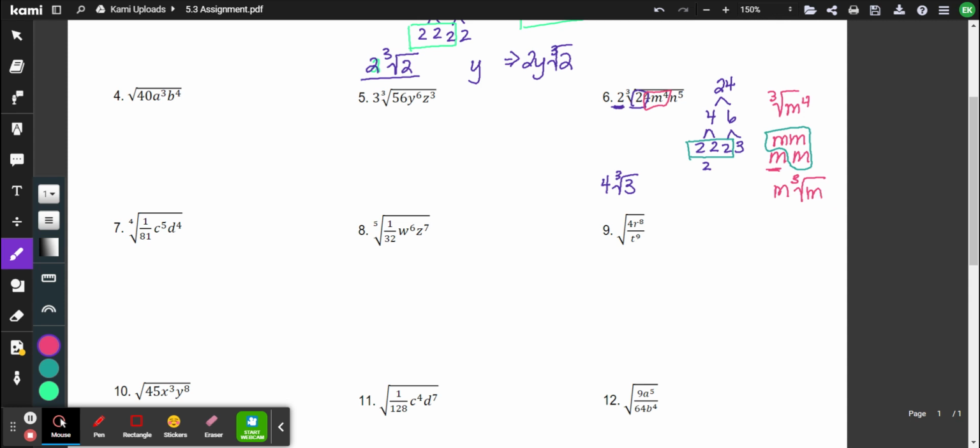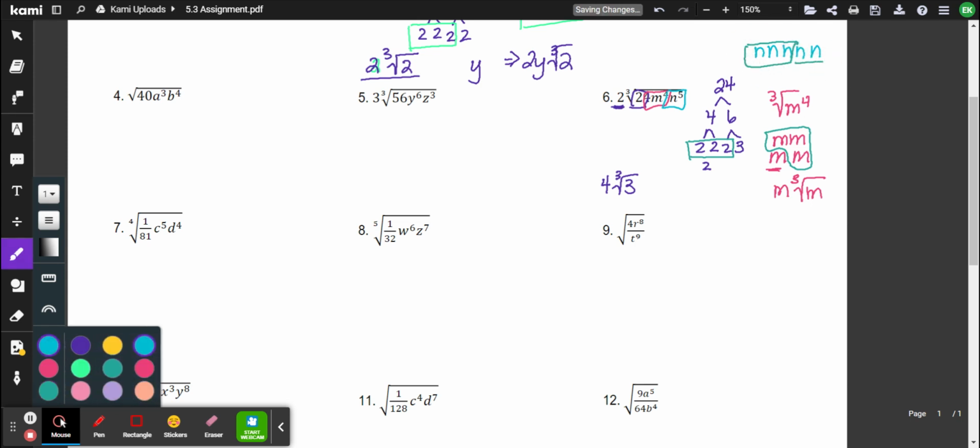So it's m and then the cubed root of 1 m left over. Now I'm going to do the same thing with the n to the 5th. That means that I have 5 n's, 1, 2, 3, 4, 5. I'm looking for a group of 3, which I have 1, but this time I have 2 left over.